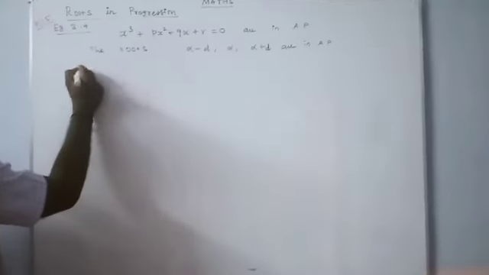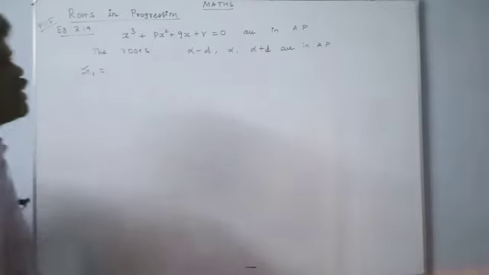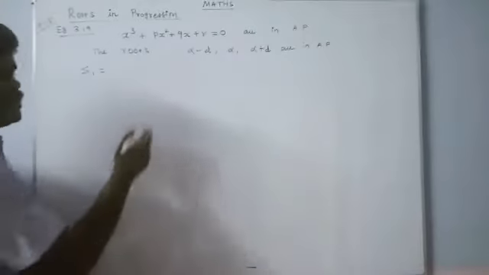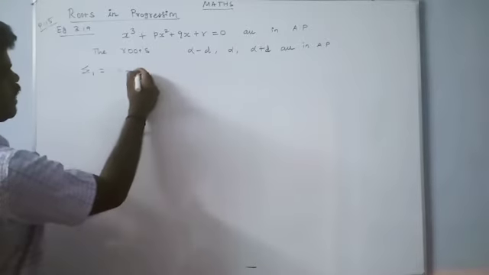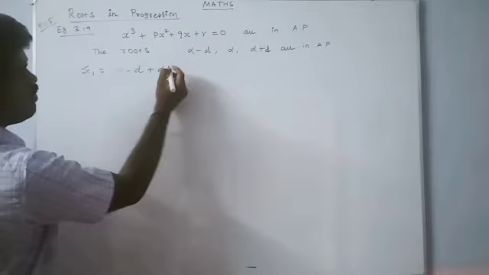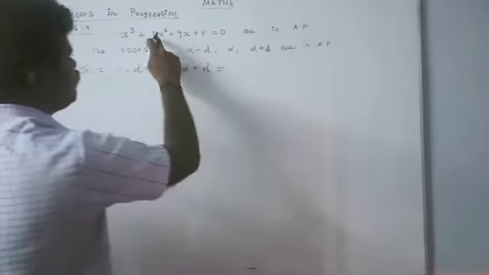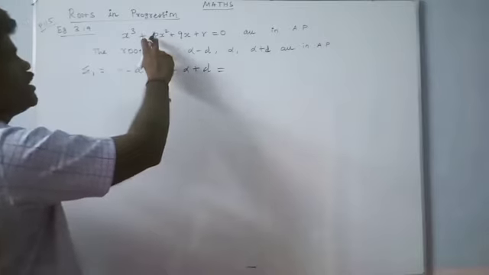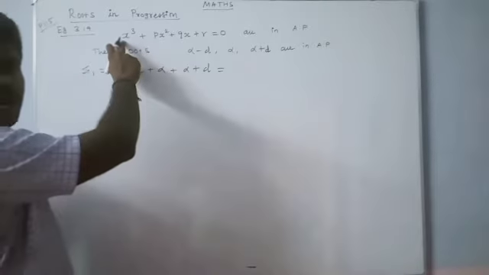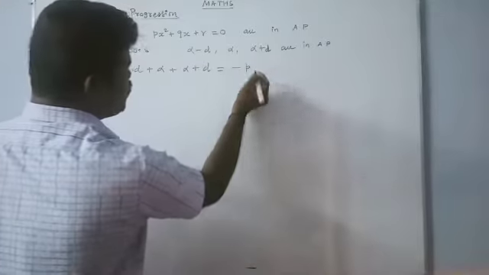Now summation 1. Summation 1 means what? Sum of the roots. What is the sum of the roots? Alpha minus d plus alpha plus alpha plus d, which is equal to minus p by 1. So the answer is minus p.